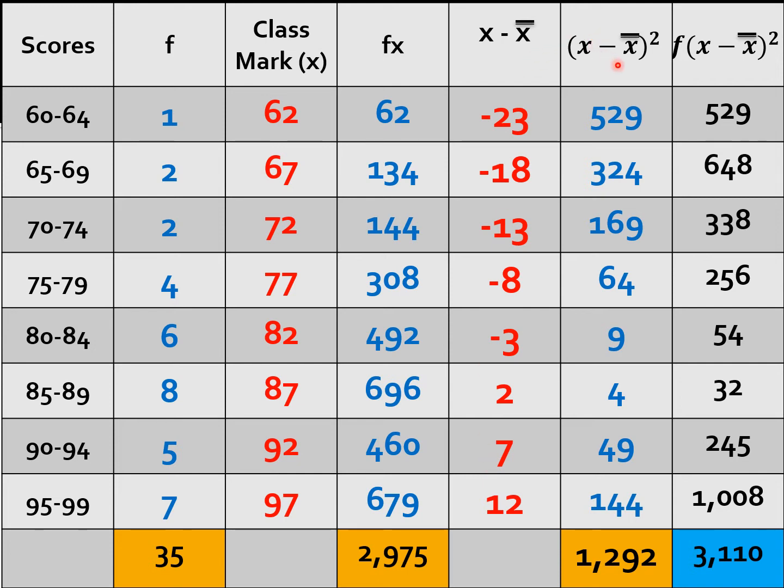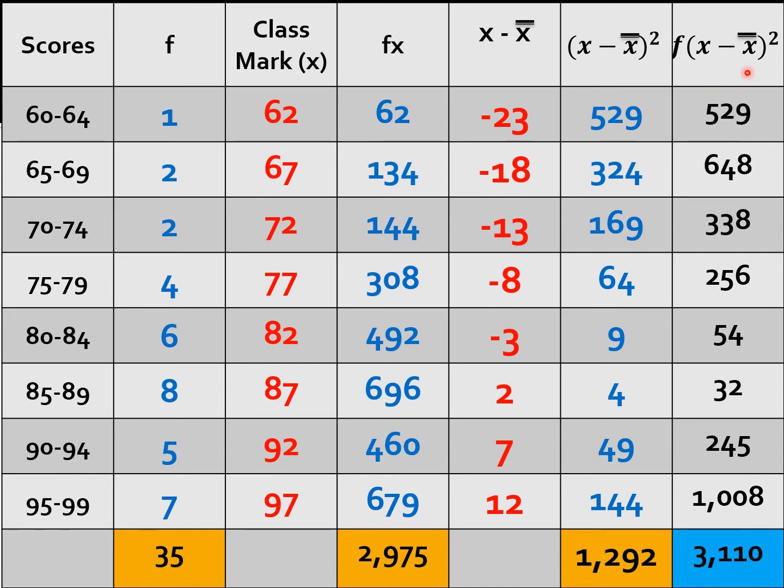For the sixth column, we have 529 here, which is the square of negative 23. So there will be no negative values here because if you square a negative number, the result is always positive. And then after that, sum up the values in here as well.